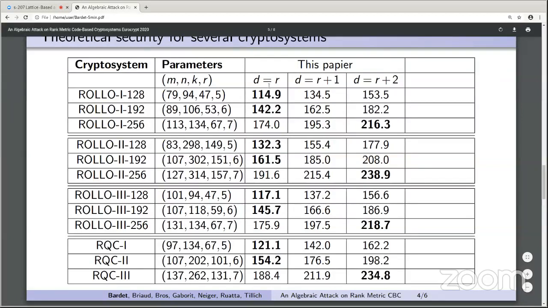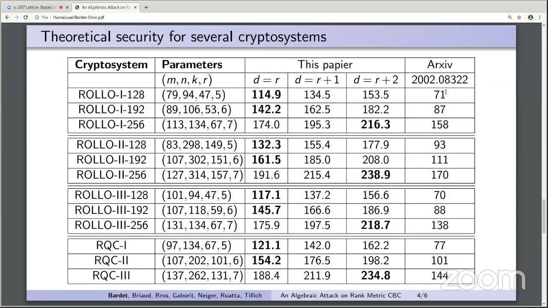So we have a better result than the combinatorial attacks, and we improved the result since the submission of the paper, and we have very good complexities that completely break the proposed parameters.